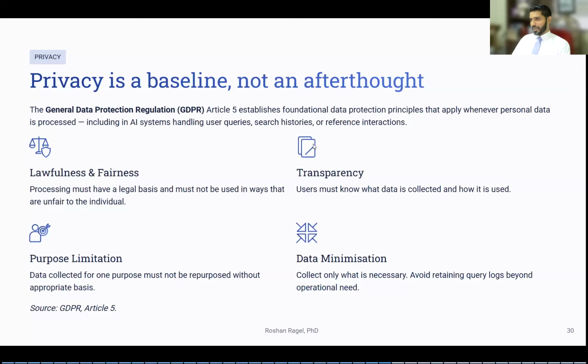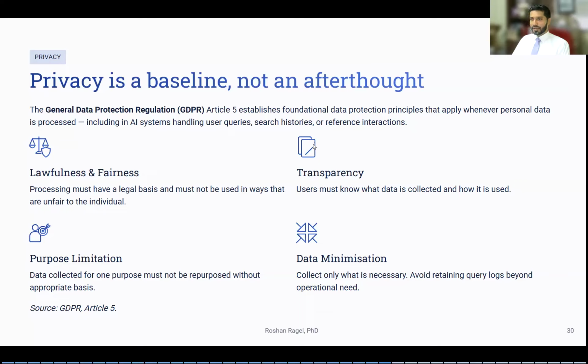Obviously, privacy is the baseline, right? So we'll have to make sure privacy is maintained, with things like GDPR in action. And now other economies around the world are coming up with their own, if not applying GDPR. Also, obviously, if any entity wants to work with the European Commission or European Union countries, they'll have to follow the GDPR guidelines.